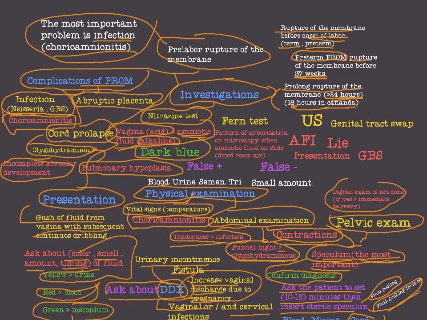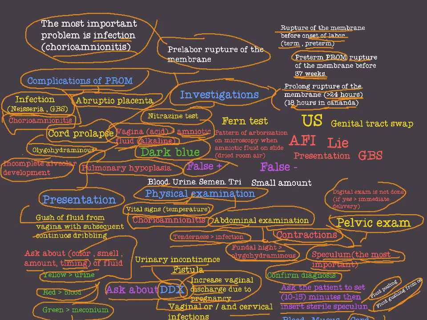If it is still yellow on the nitrazine test, then it is acidic, so we have no amniotic fluid or little amniotic fluid. In false negative values, it may be false negative due to a small amount of amniotic fluid. It will not discover it. So when do we have false positive values of the nitrazine test?